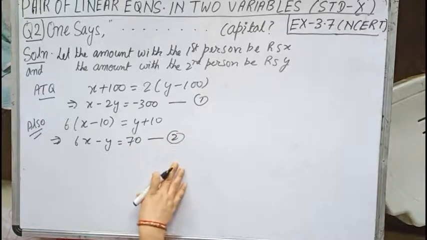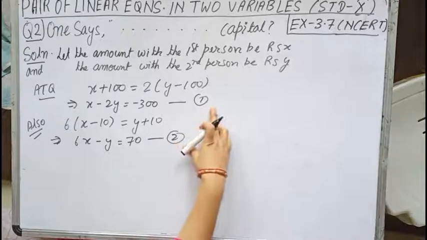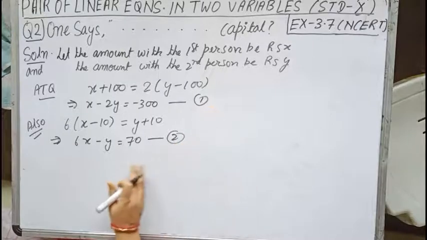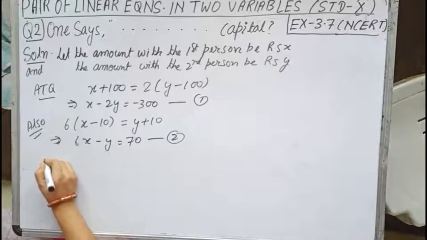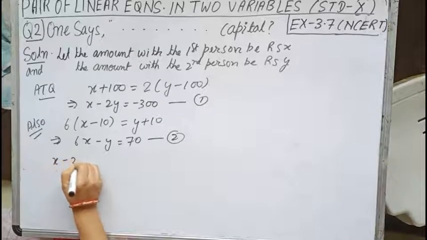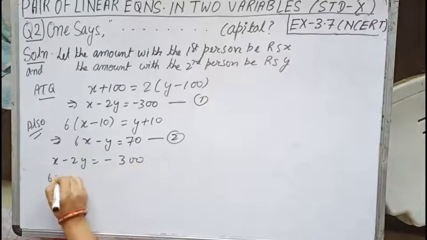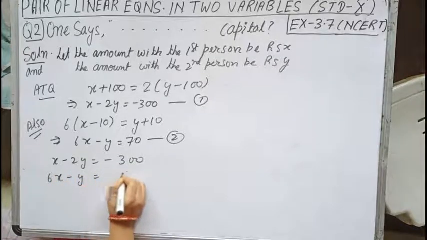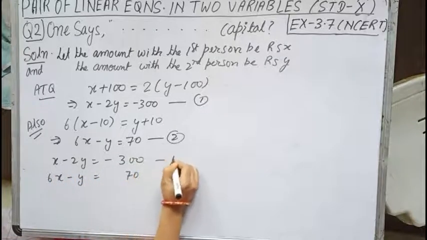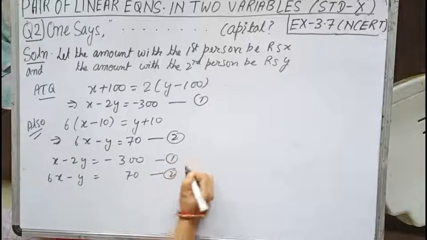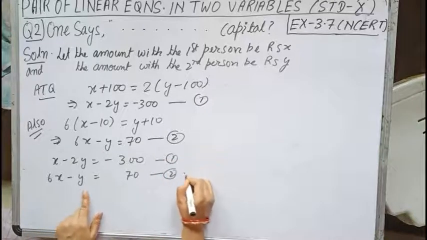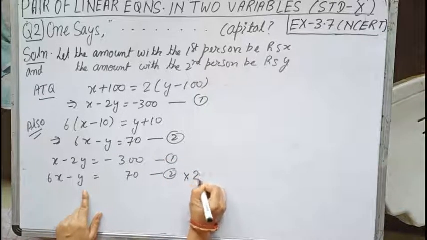Now we will solve equation 1 and 2 to get the value of x and y. So let us write first x minus 2y equals minus 300 and 6x minus y equals 70. This was equation number 1 and this was equation number 2. Now let us multiply equation number 2 by 2.